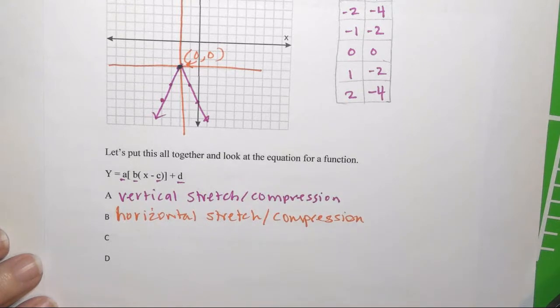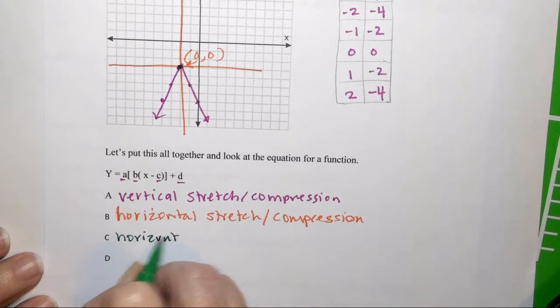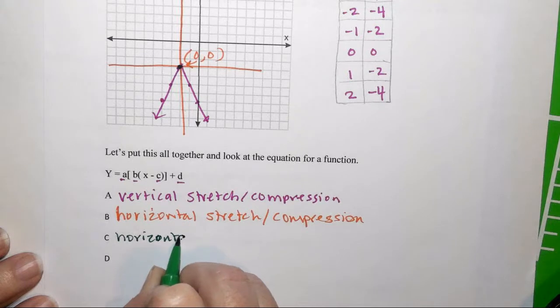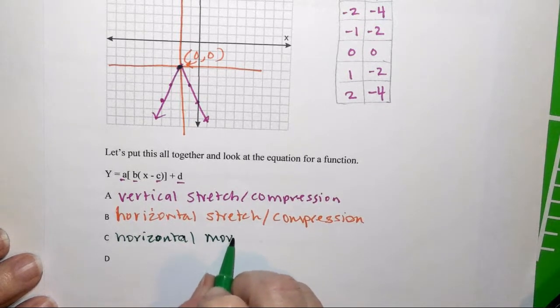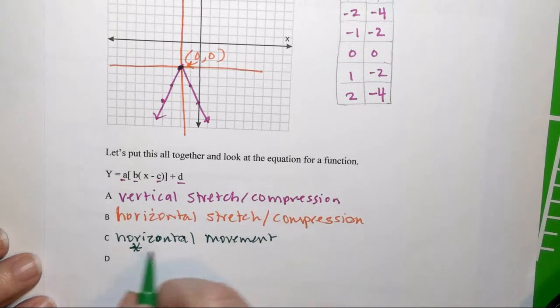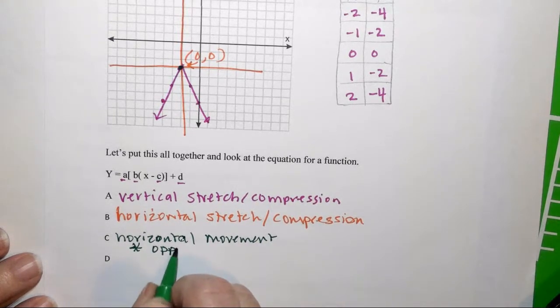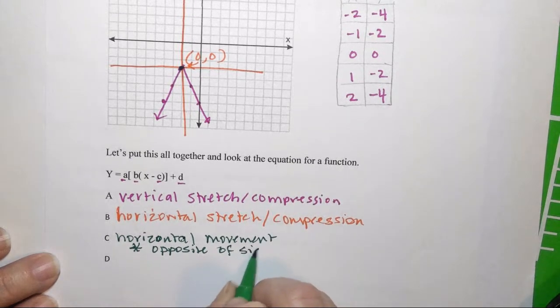Horizontal stretch and compression. Your C is still attached to your x, so we're still looking at horizontal. But this is our horizontal movement. And then I want you to keep in mind here, this is going to be opposite of the sign you see.